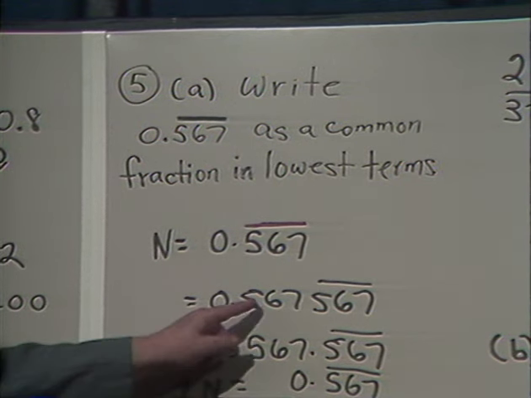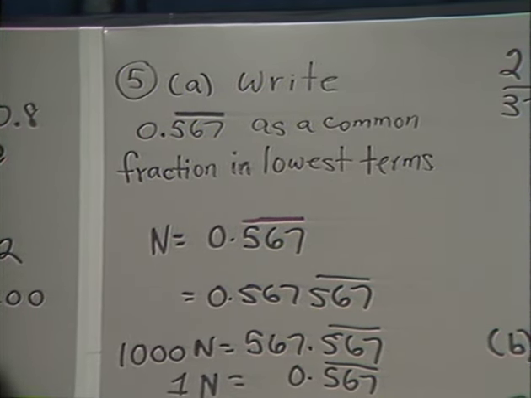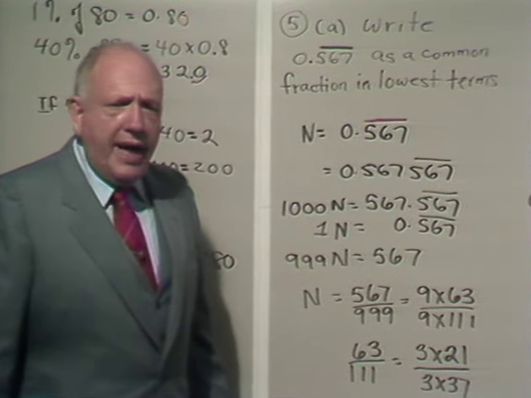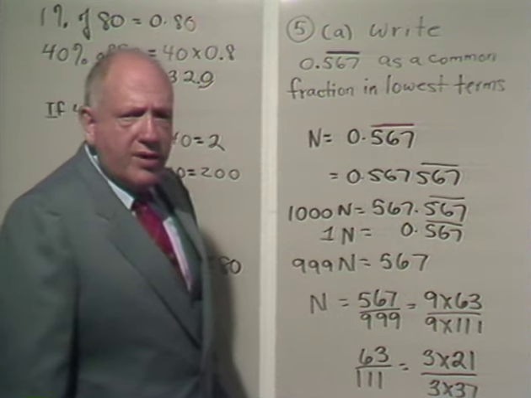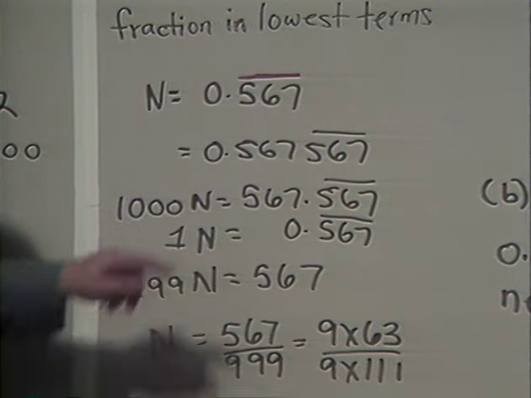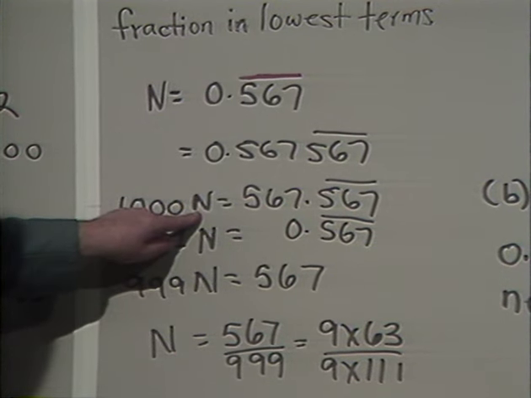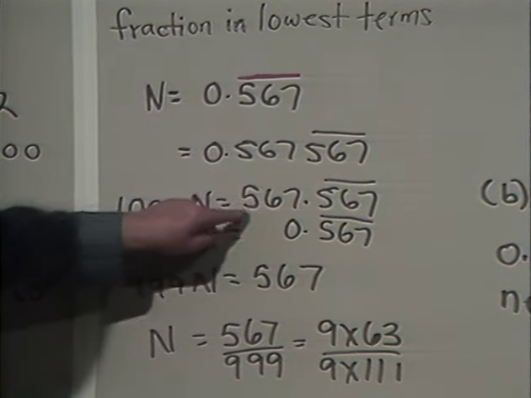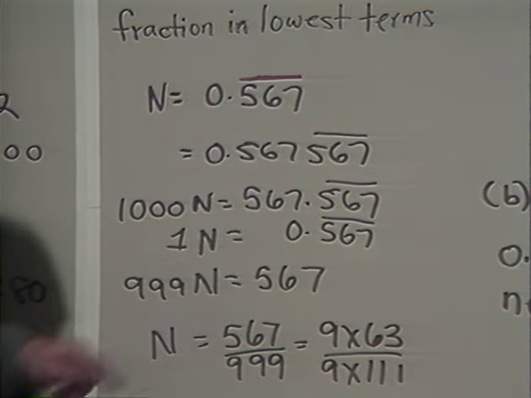And the way we handle that is we notice that the next place we can put the decimal point to make the same cycle repeat endlessly is, since it's a 3-digit cycle, we move it 3 places to the right. And when you move the decimal point 3 places to the right, you're multiplying by 1,000. So 1,000n is 567.567 endlessly. And here's the trick.